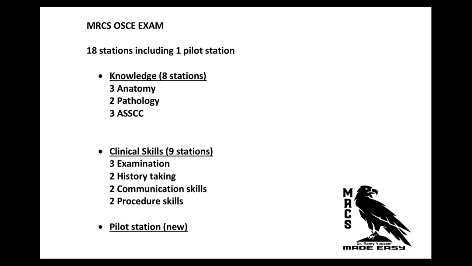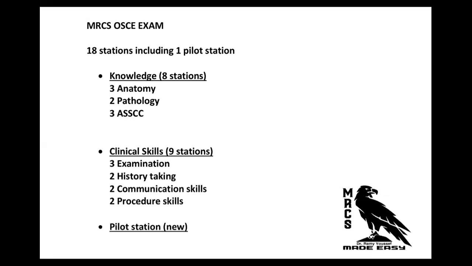The third part is the applied surgical science and critical care. It's also 3 stations, 20 marks. Actually, it is a mix between physiology, basic surgical science, and critical care.